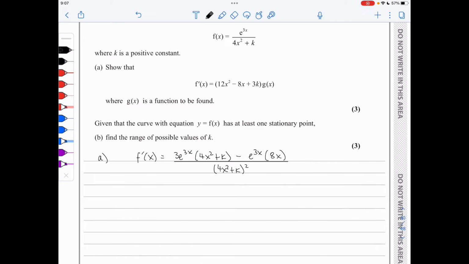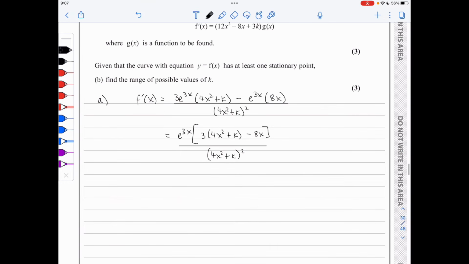So I notice that there is a common factor of e to the 3x, and I'm left with 3 times (4x squared plus k) minus 8x, and all of it over (4x squared plus k) squared.